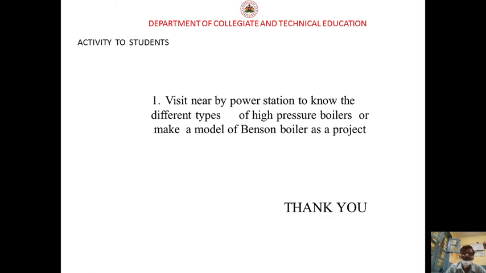Or they can make a model or project on how the Bunsen boiler works, its parts and working principles. For more information, it is better to do this activity.